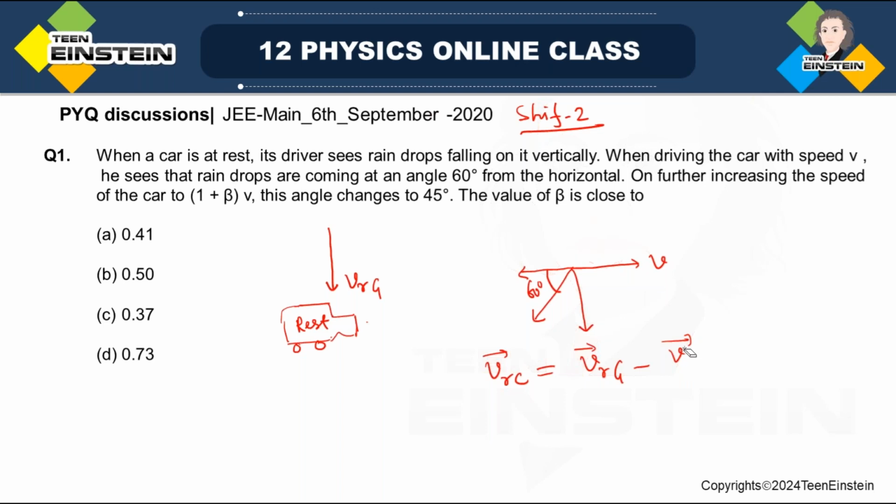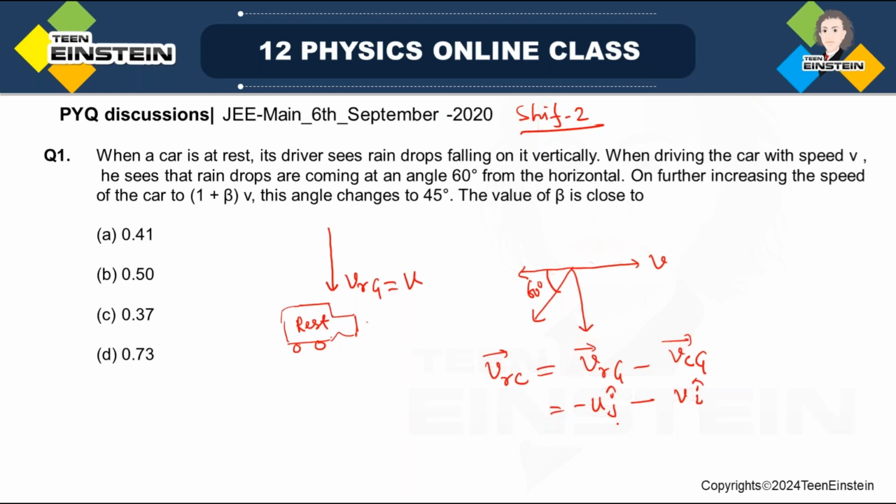Now let me write down v rain with respect to ground. Let's say this is u, and that is along the minus j cap direction. And the car's velocity is along the x cap direction, so v x cap.